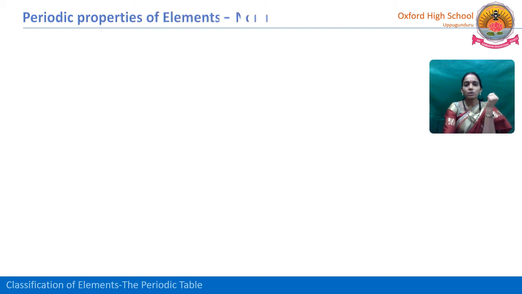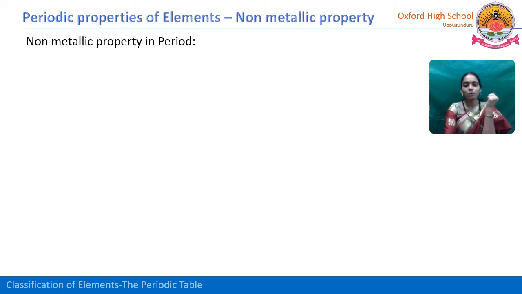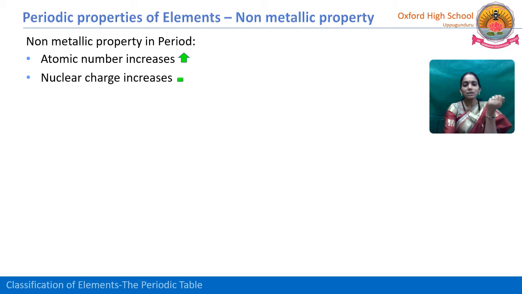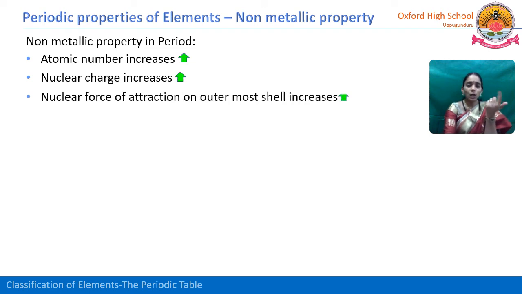Let us see how the non-metallic property is trending in a period, from left to right. Just now we have discussed that. Atomic number increases, so nuclear charge increases and nuclear force of attraction also increases. In non-metals the atomic radius, that is atomic size, decreases.